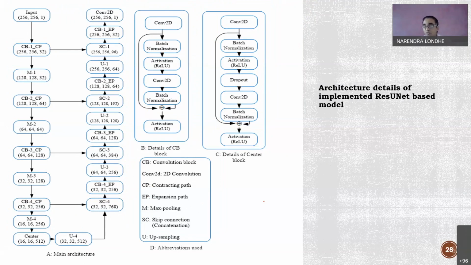Now this is another unit that is very widely used, that is a residual unit. Here also you will see a very similar structure. The only change is that you are having the residual here. This is the residual block. In this convolutional block, I am giving the residual here.